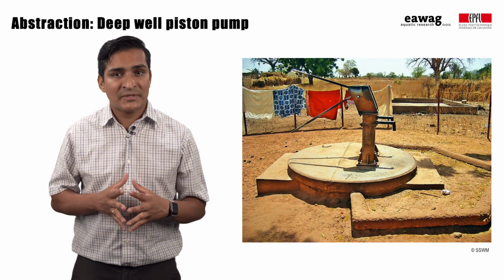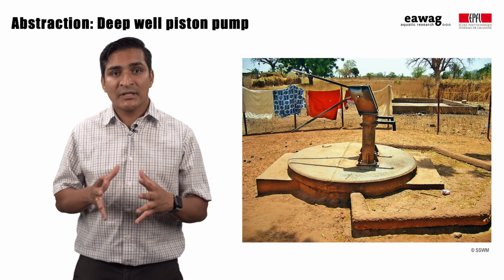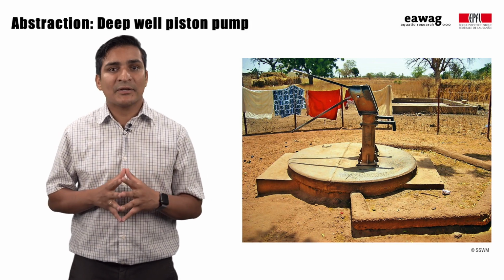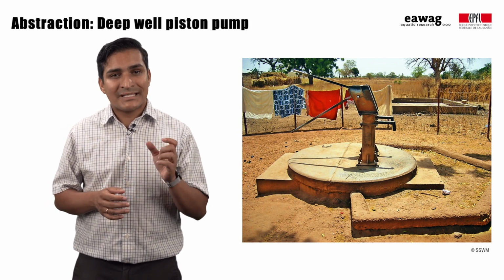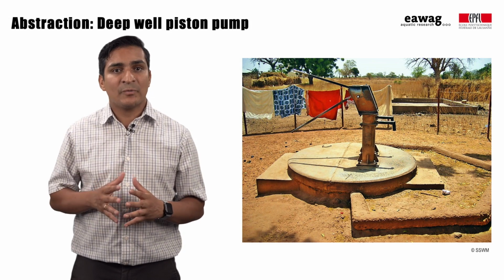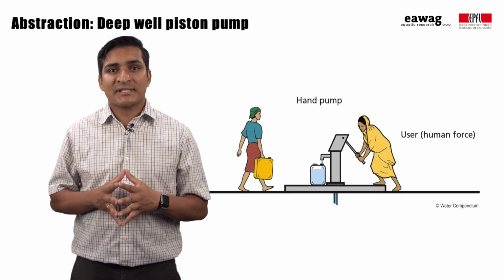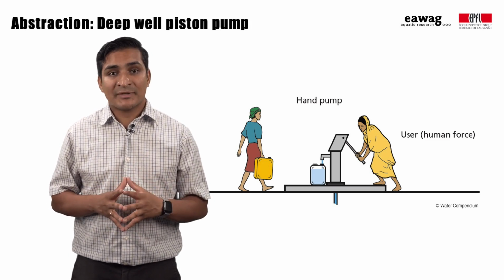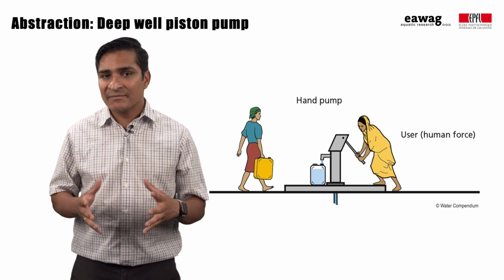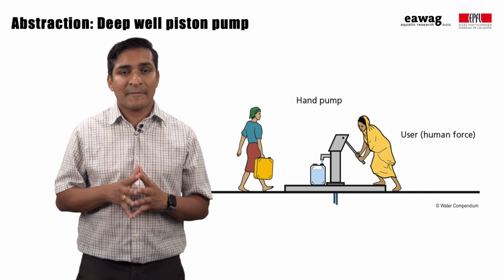This is a commonly used abstraction technology, especially in the areas dependent on communal water points with deep water tables beyond the reach of other types of pumps. Deep well piston pumps are usually equipped with hand pumps, which are extensively found throughout Asia and Africa.